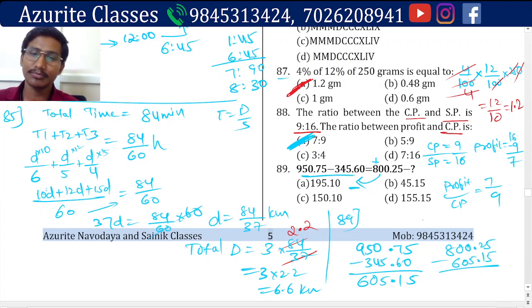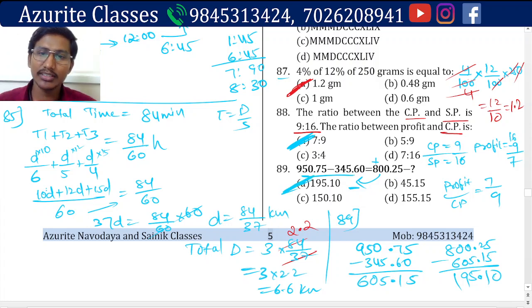We have to minus it, because this 800 is in plus, so if you take it to this side, it will be minus, and then minus minus will become plus. Okay, so the answer will come: 195.10. Option A is the answer. Okay, good. So 89 is done.